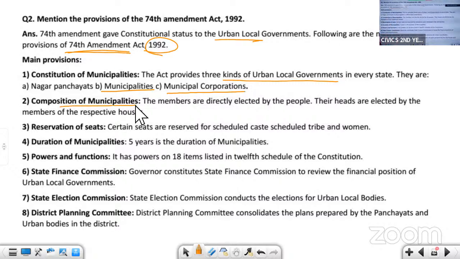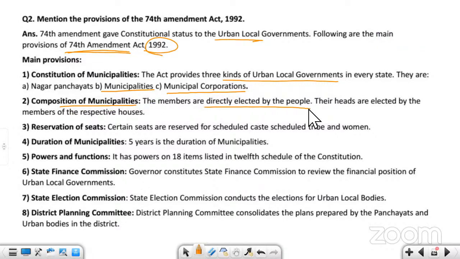The members of municipalities are directly elected by the people. Here, when we are saying municipalities, we are taking into consideration all the 3 local urban governments. Okay, so the people are electing the members of municipalities. Okay, then there is reservation of seats.